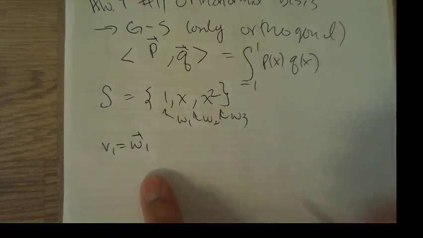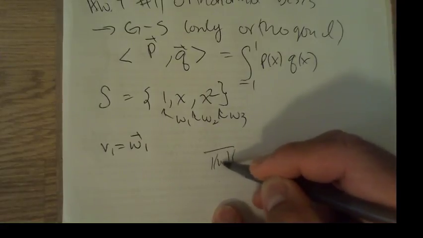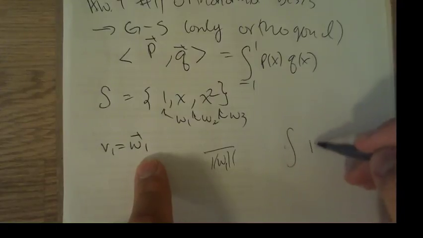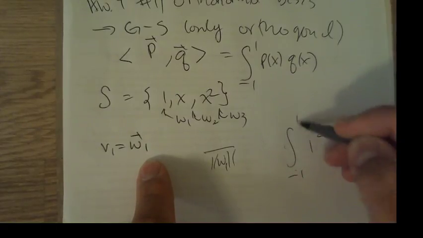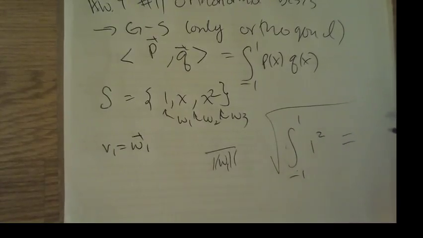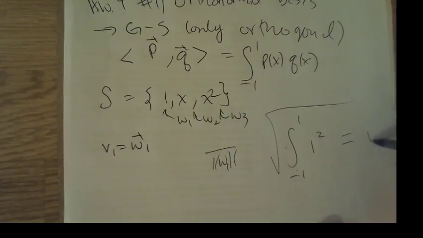Because if we look at this, then if we're just dividing by the norm of our W sub 1, then the first one is 1. So we just have 1 squared. I mean, this one isn't too bad, right, in the norm square root. So here we get the norm of 1 is root 2.